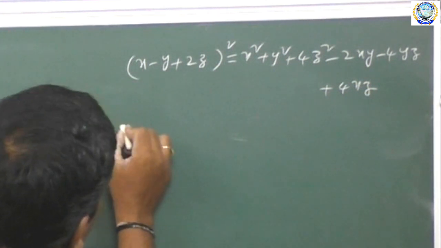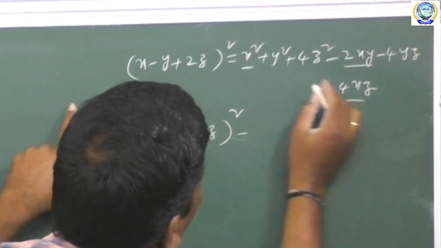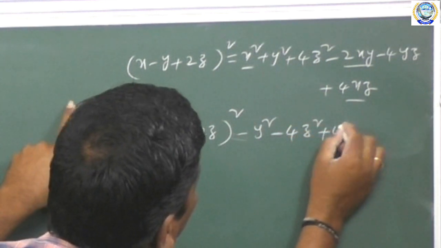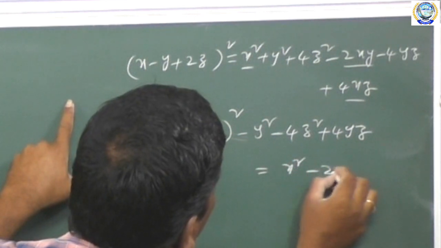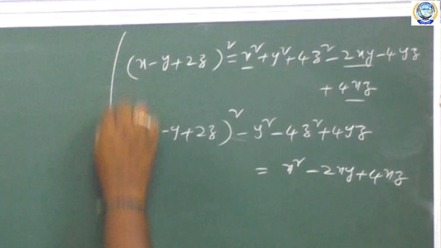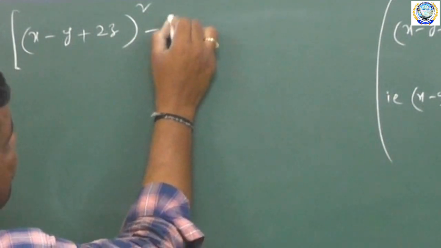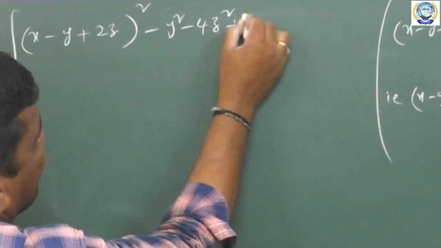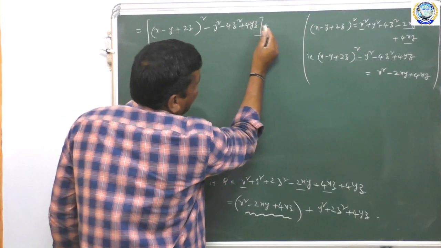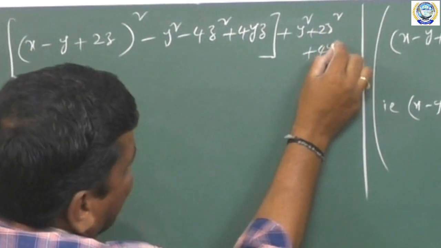This is equal to x minus y plus 2z whole square, minus y square, minus 4z square plus 4yz, is equal to x square minus 2xy plus 4xz, minus y square minus 4z square plus 4yz, plus the remaining terms as usual, y square plus 2z square plus 4yz.